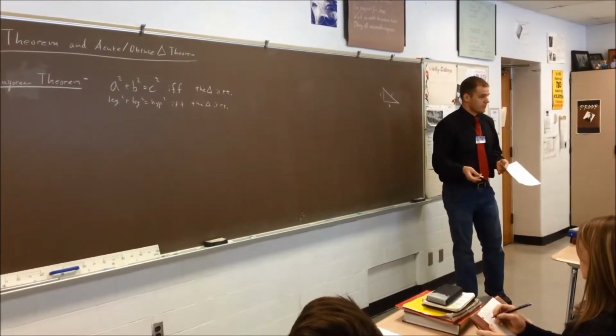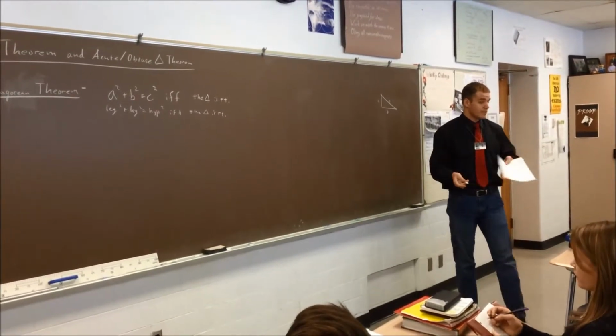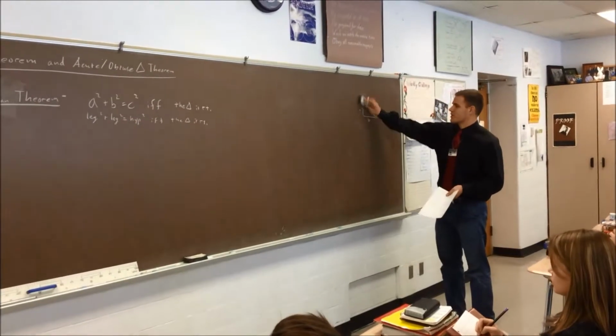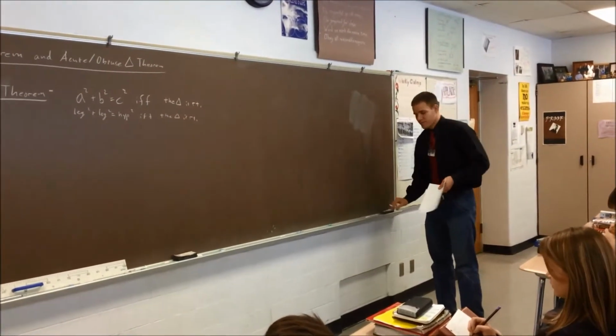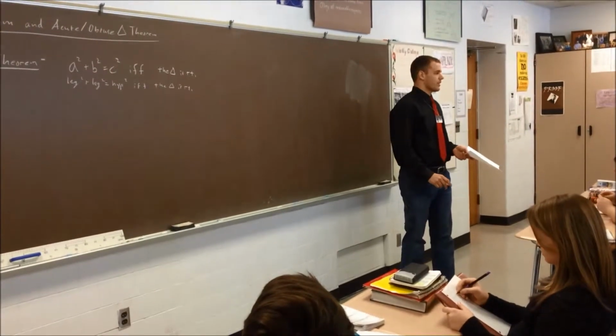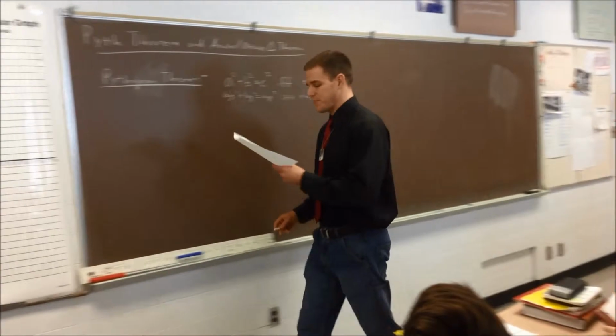Sadly, that's not true. We know that there are such things as irrational numbers. Things like square root of 2. And there's a guy who actually proved that square root of 2 was irrational, and Pythagoras didn't like him, so he killed him. So, moral of the story, don't piss off mathematicians.